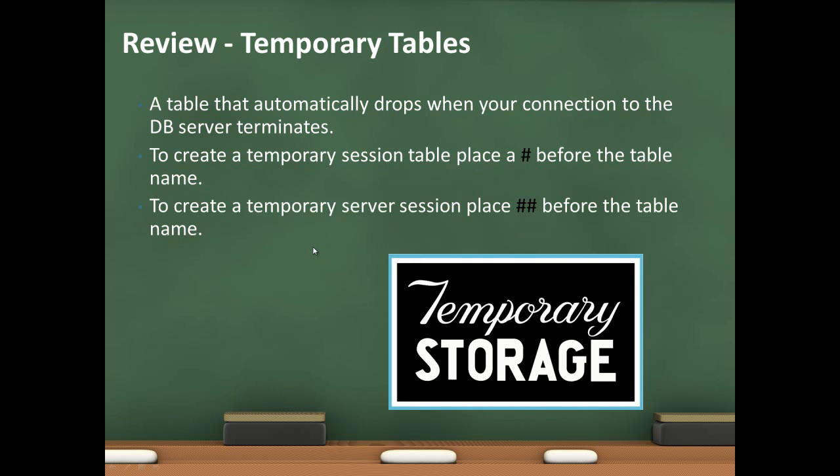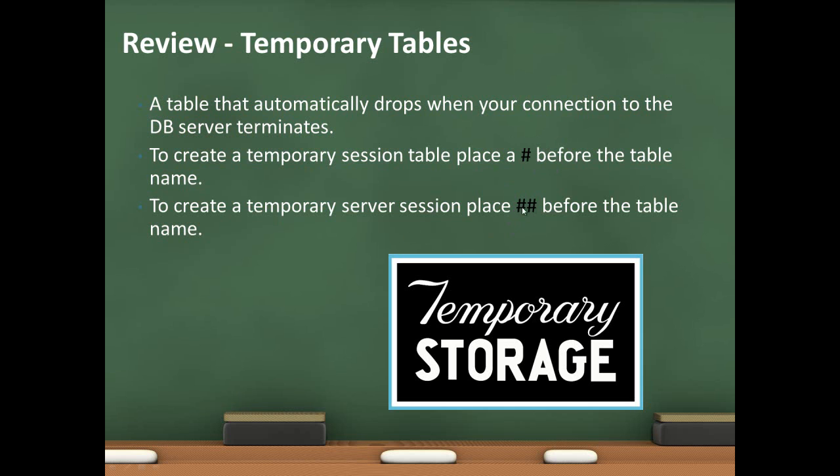And then the last thing is the temporary storage files, and I mentioned that earlier in this demonstration, and that is that a lot of this stuff we can create as temporary files. If I put a single pound sign before the table name, I'm creating what's referred to as a session, a temporary session table. If I do 2 pound signs, I'm creating a server table. The session table basically is removed when you log out or when your session expires. If I put it into a stored procedure or into a script, when the script stops running, the temporary table is removed.